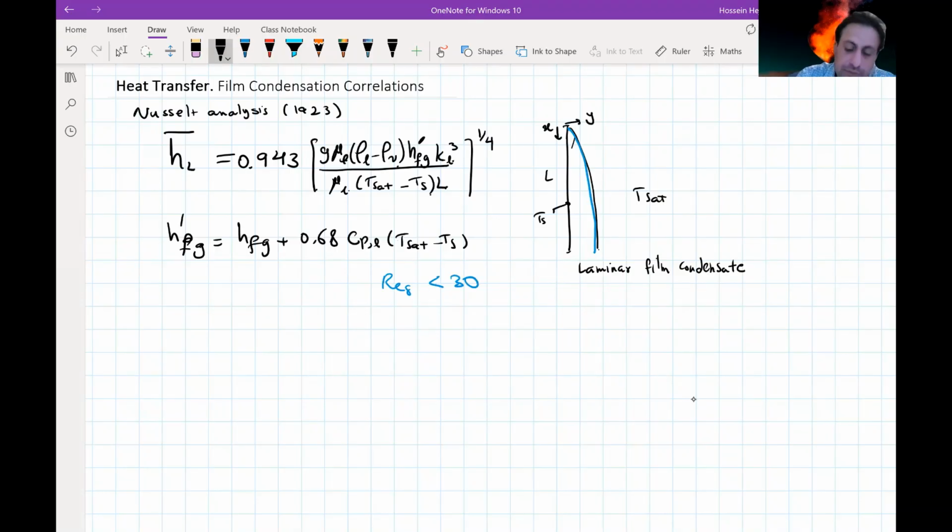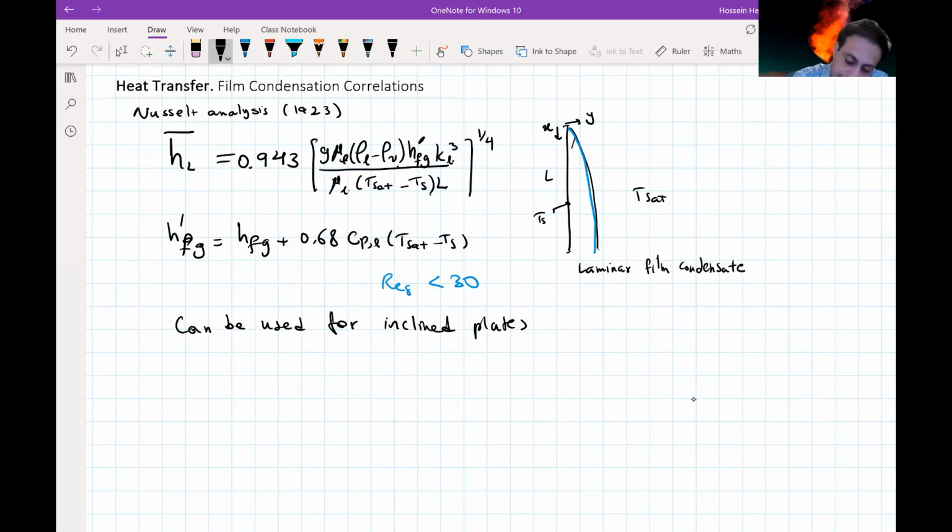Now this was developed for a vertical flat plate, but the same equation can be used for inclined flat plates.